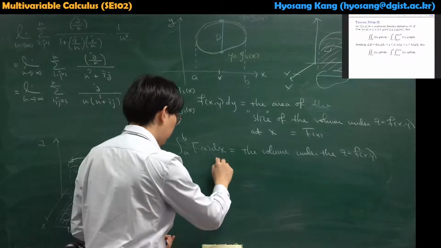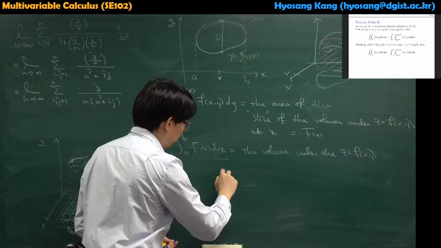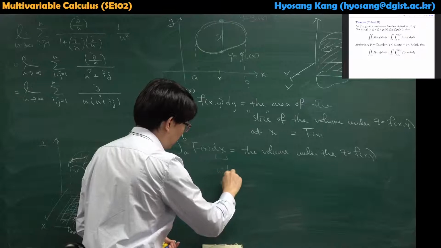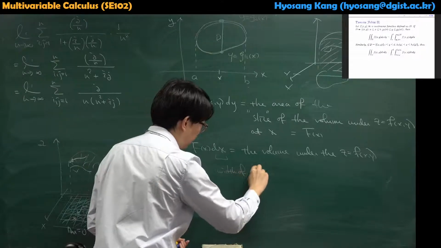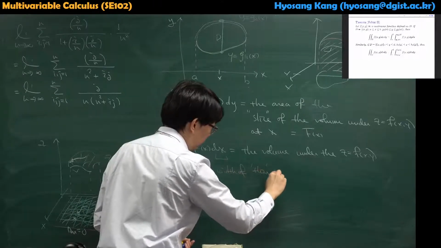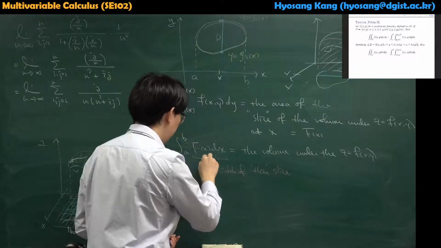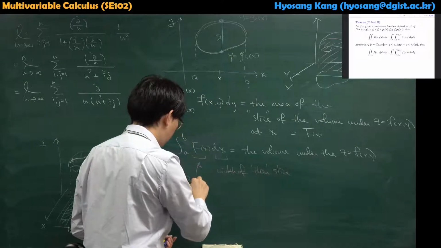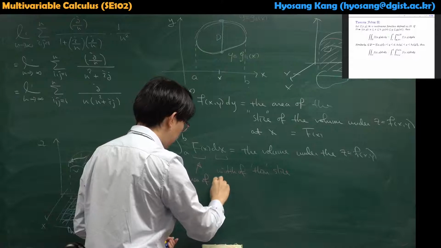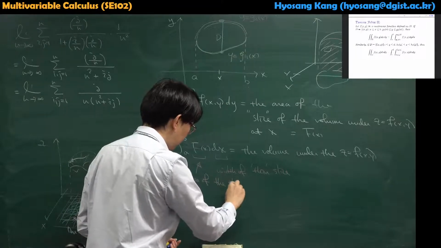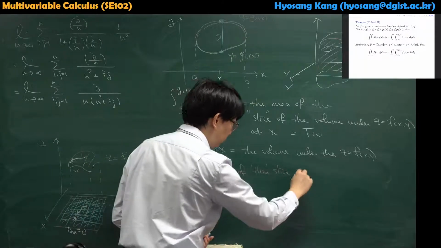So this is the width of the thin slice, and this is the area of the slice, both at x.